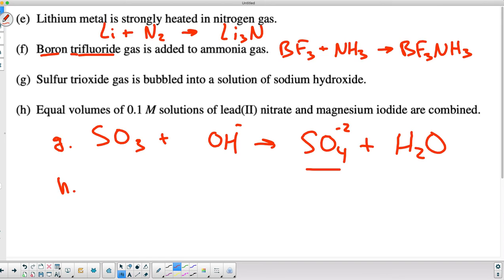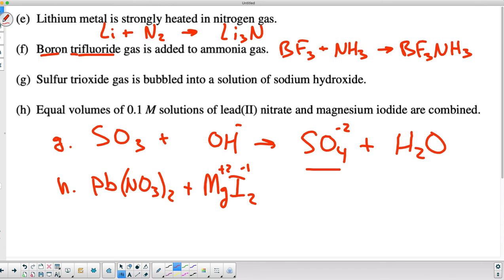I'm going to rush through it a little bit because this is a double displacement reaction. I got my lead 2, that's palladium, bonehead. I got my lead 2 nitrate, which looks like this, plus magnesium iodide. That's a +2, so I need 2 down here because that's a -1.